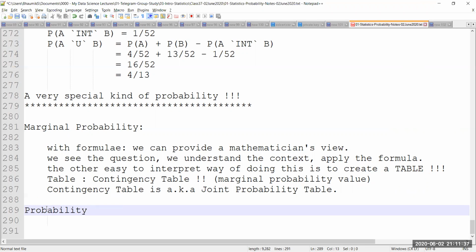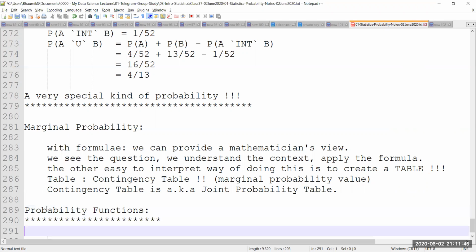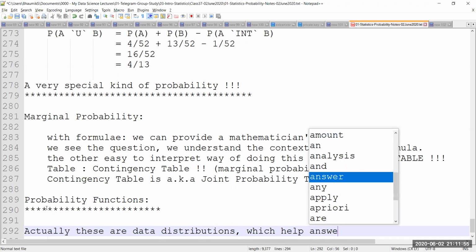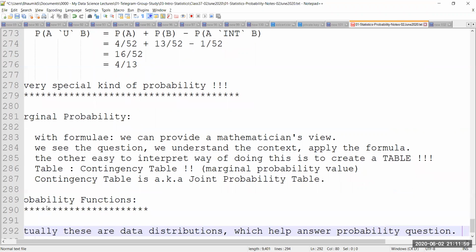Probability functions: here this name is not really correct. These are actually data distributions which help answer probability questions. Okay, that's all.